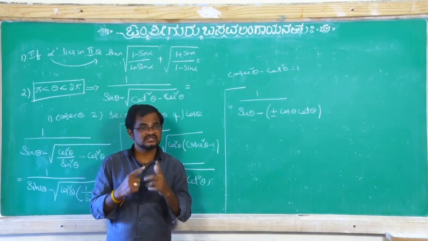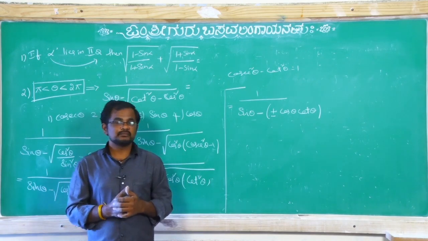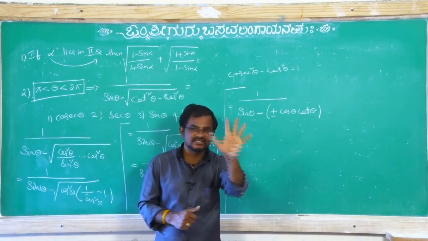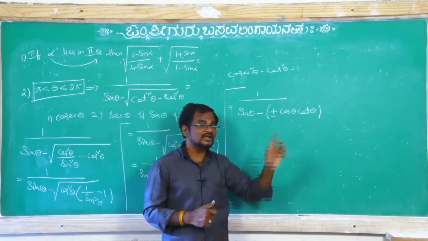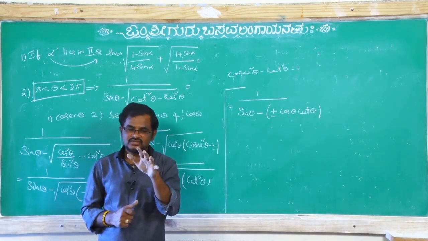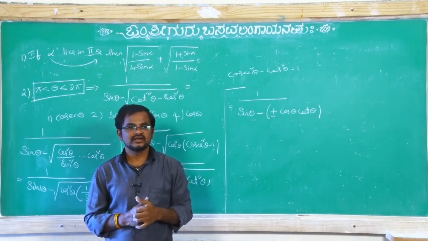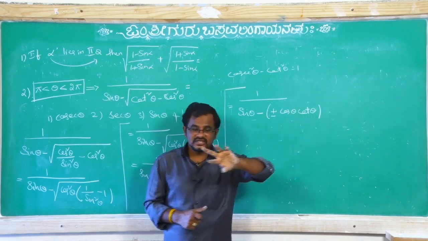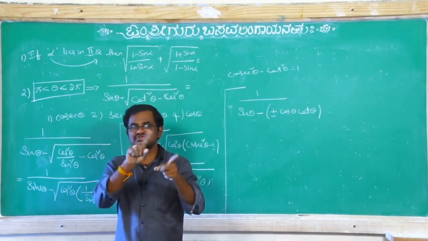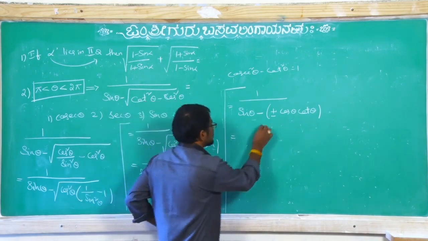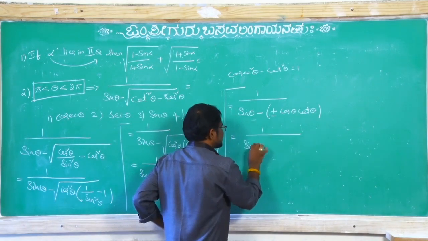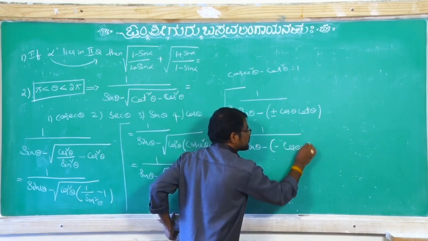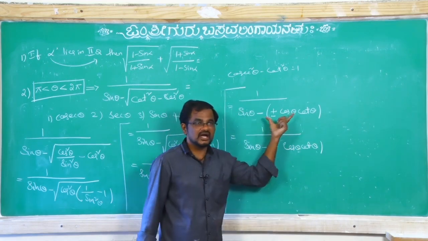Minus we have to take, plus there is no chance, because suppose if you take a third quadrant, in third quadrant these two are opposite, cos is negative, cot is positive. Suppose if you come to fourth quadrant, this is positive, this is negative. So, in these two quadrants, one is opposite sign. So, that is why what we have to take, 1 by sin theta minus of minus cos theta into cot theta. Understood or not? Opposite signs.